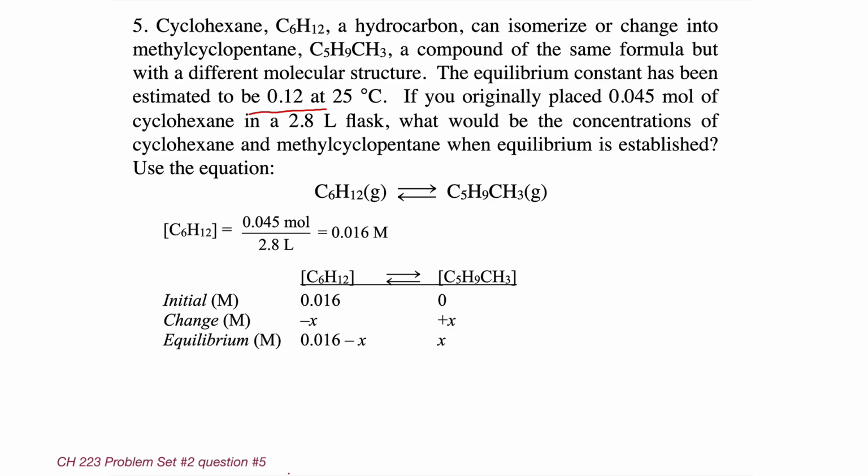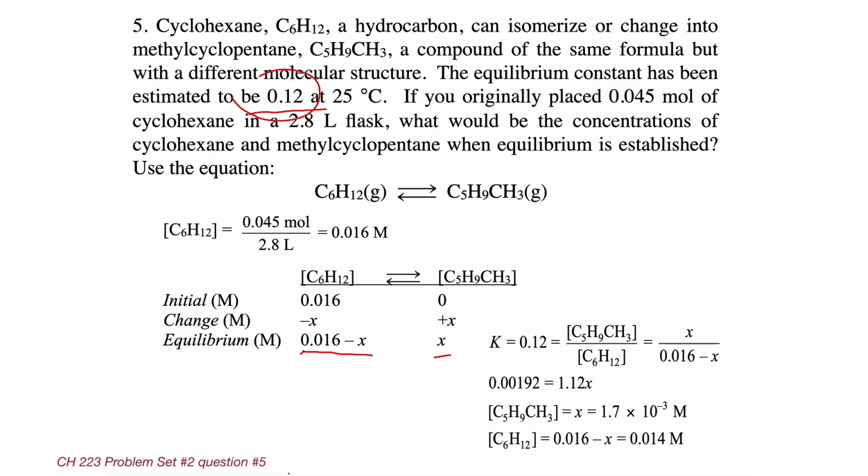Because we started with 0.016 moles per liter cyclohexane and we know it's going to go down, at equilibrium it's 0.016 minus X. And the methylcyclopentane at equilibrium is just X. We can set this equal to the equilibrium constant, that 0.12 number, and that's what we see here on the right-hand side. 0.12 equals the methyl compound divided by cyclohexane, X divided by 0.016 minus X.